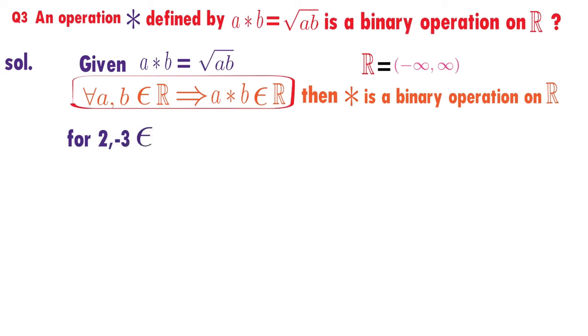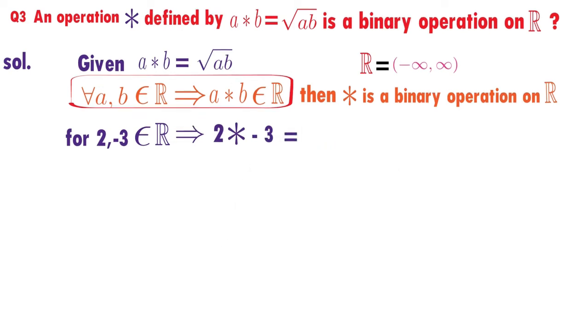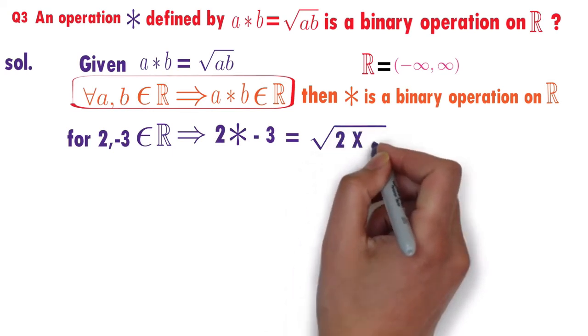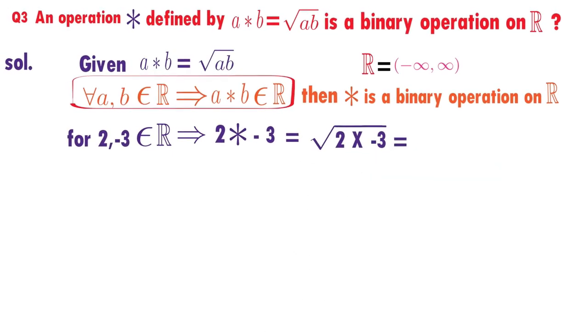I'll take two real numbers, 2 and minus 3. Now I'll calculate 2 star minus 3. How is it defined? Root over 2 into minus 3, which equals root over minus 6. Is root over minus 6 a real number? No. Clearly it is an imaginary number because there is a negative number under the root.